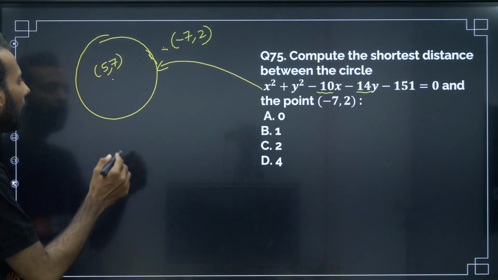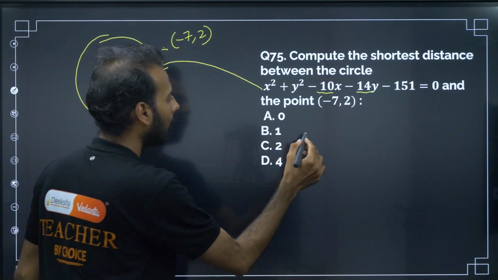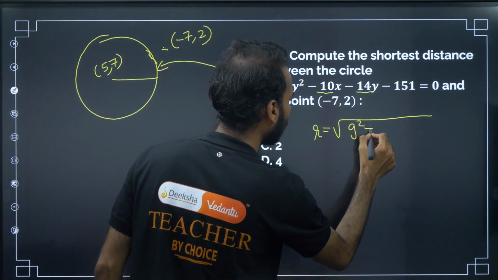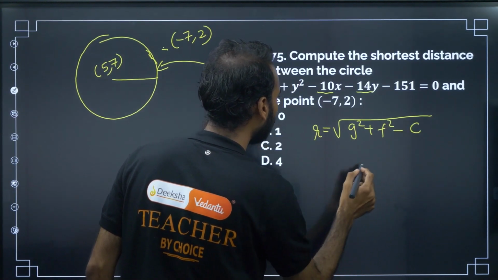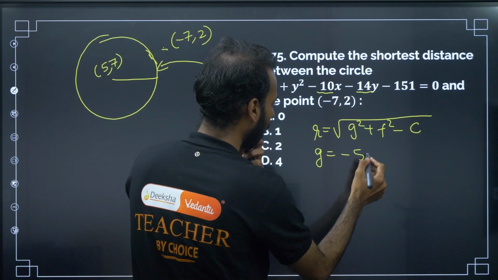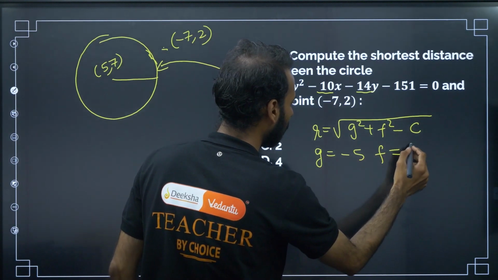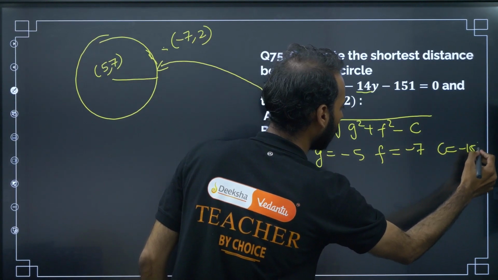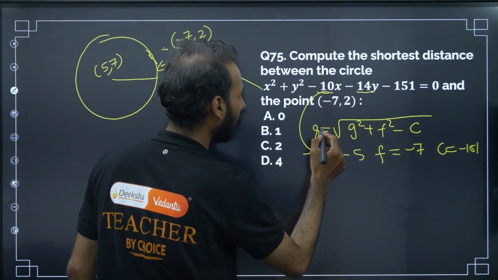So to find this, let me find the radius of this circle. Try to recall radius. r is equal to root of g square plus f square minus c. g value is minus 5, f value is minus 7, c value is minus 151.